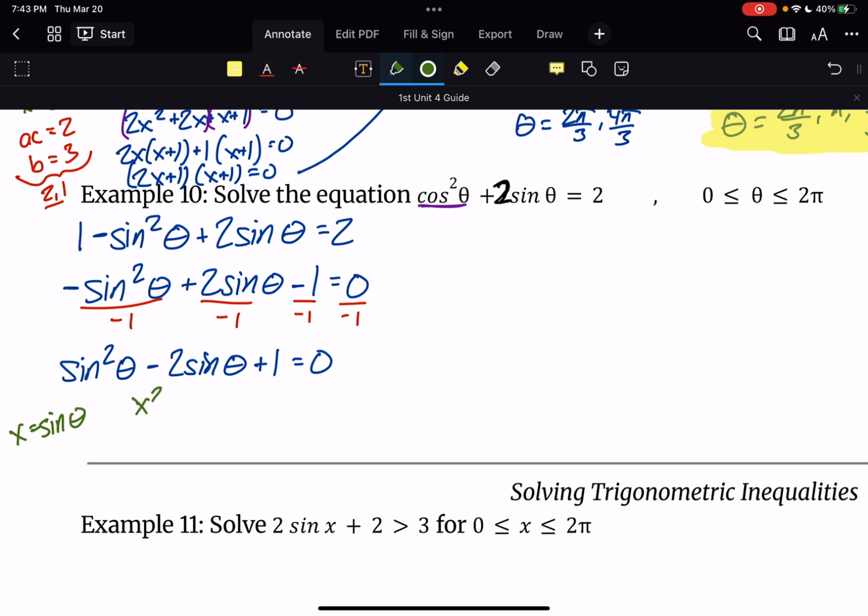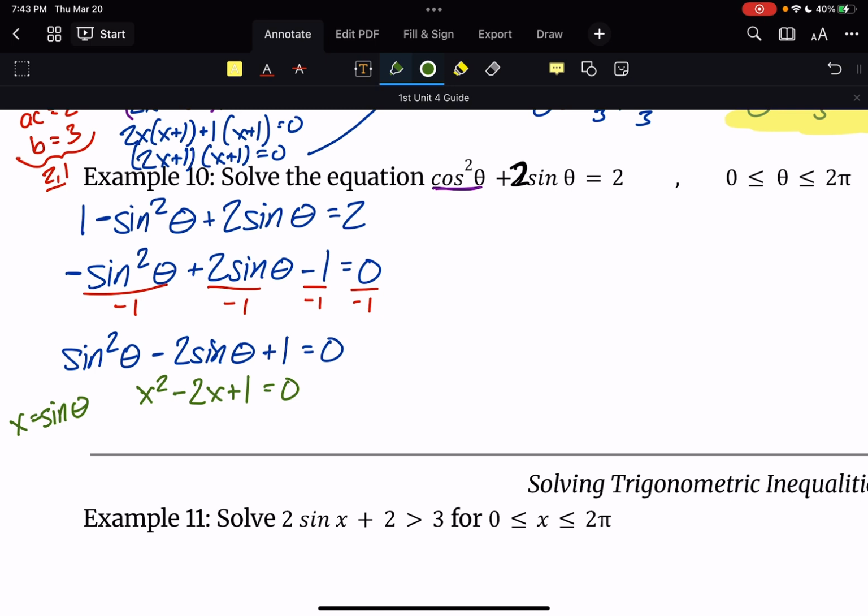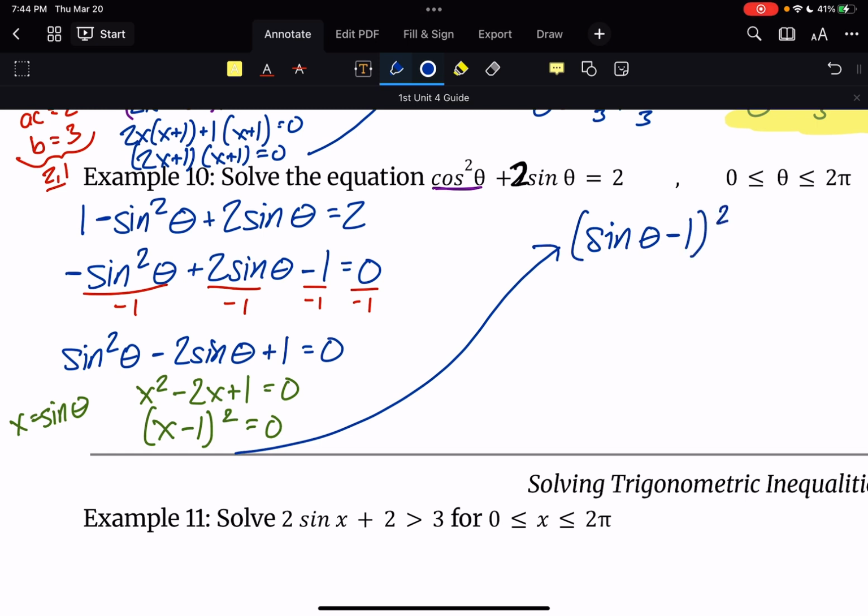And then I get x squared minus 2x plus 1 is equal to 0. This is one of my perfect square trinomials. x squared minus 2x plus 1 is just x minus 1 squared is equal to 0. So if I substitute sine back in, this is really sine of theta minus 1 squared is equal to 0.